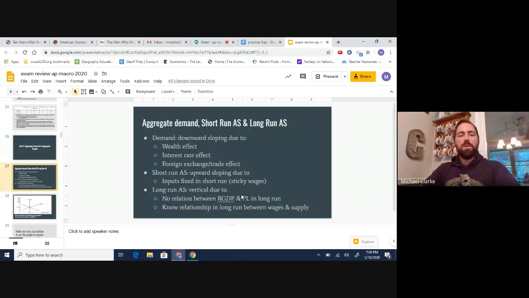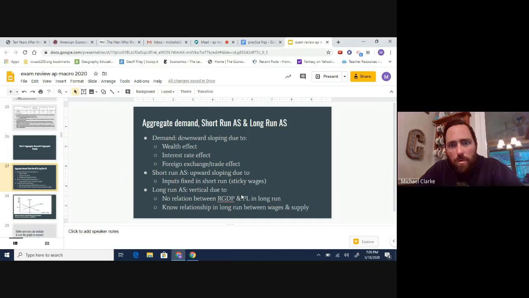So aggregate demand, you've got the upward sloping short run aggregate supply curve. You have the downward sloping aggregate demand curve. Aggregate demand is downward sloping for three reasons. The wealth effect: when prices are lower, people feel more wealthy. People have more money to spend due to lower prices. The interest rate effect: when interest rates are lower, it cheapens the cost of borrowing.